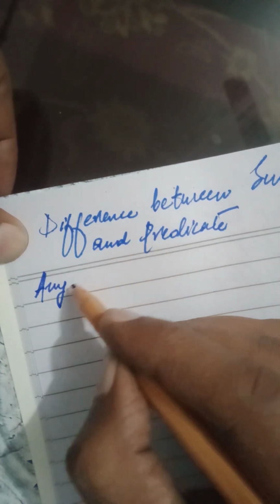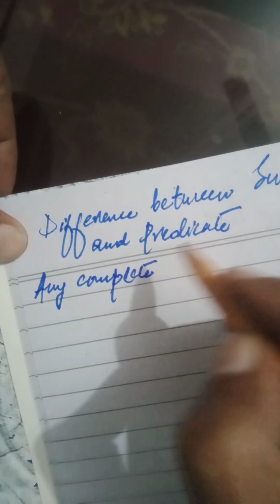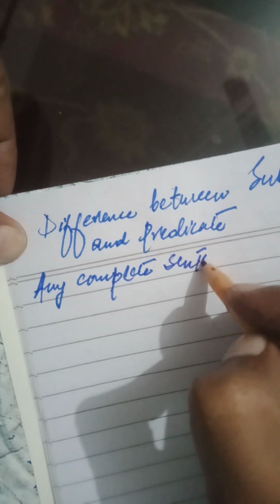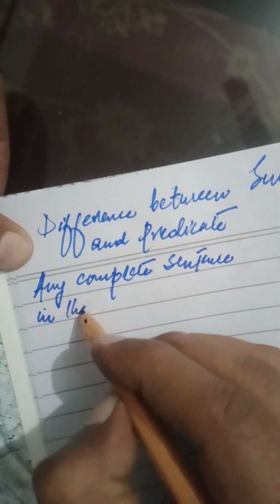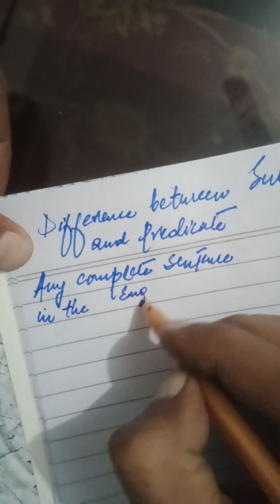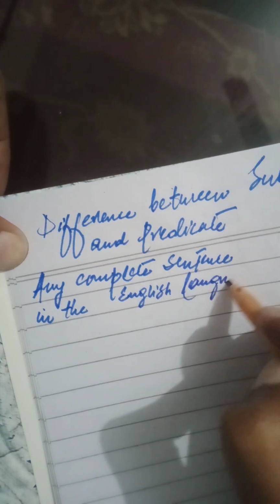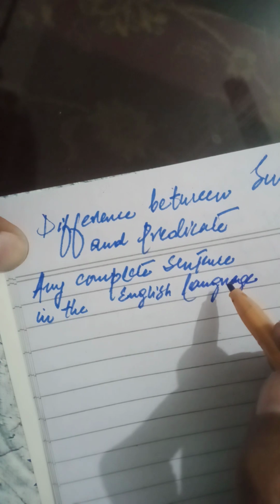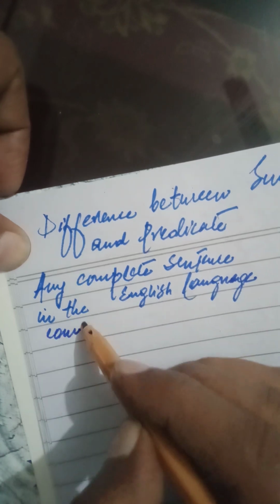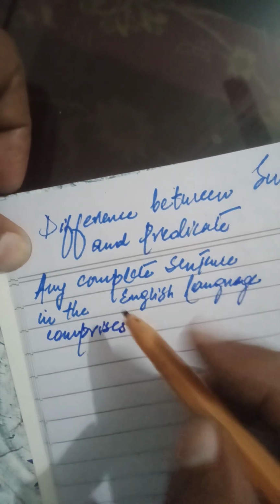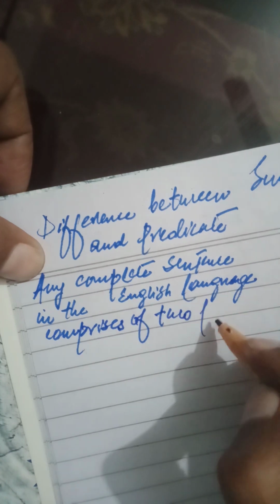Any complete sentence in the English language comprises of two parts.